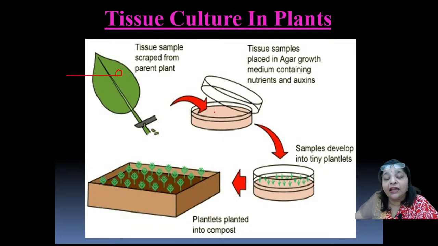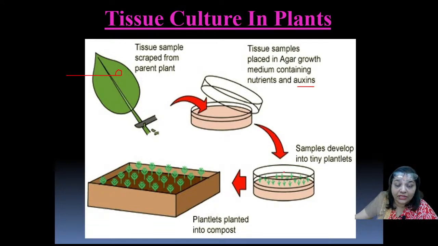The callus can be separated and each and every cell can be segregated and introduced again into a new nutrient medium. It can be planted, and along with the nutrient agar medium, what is being added? Auxins are added further. What are these auxins? They are growth hormones.